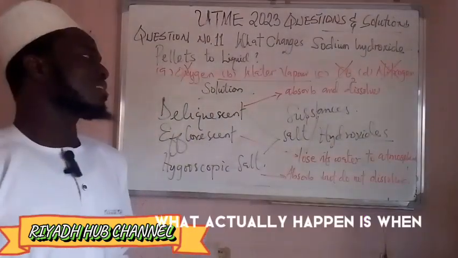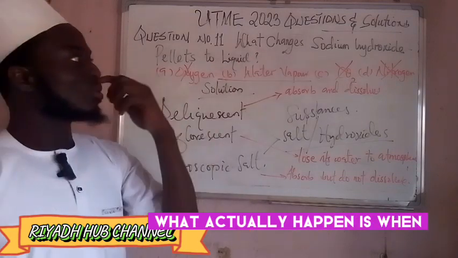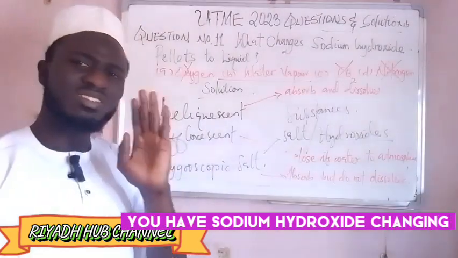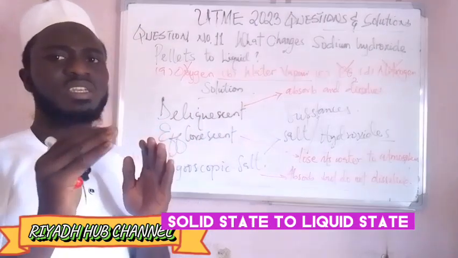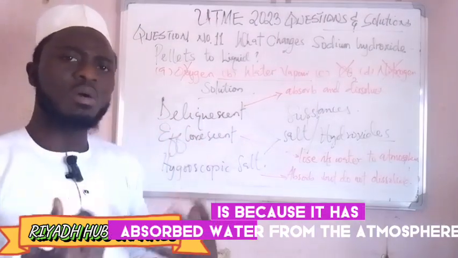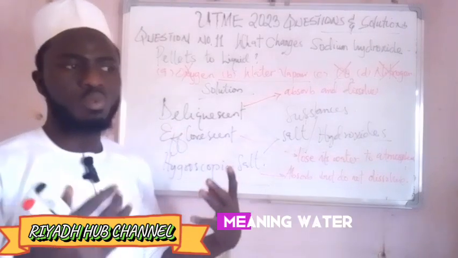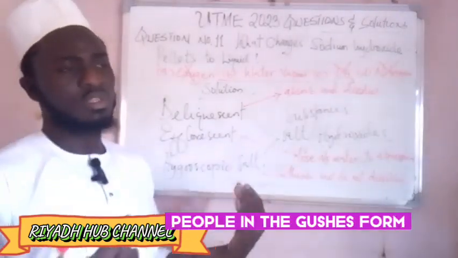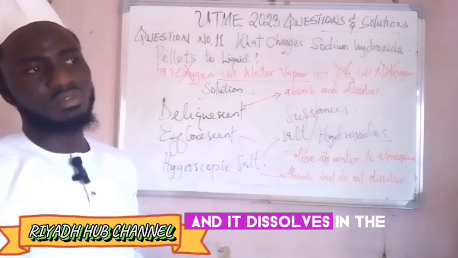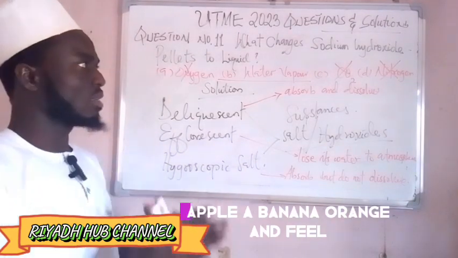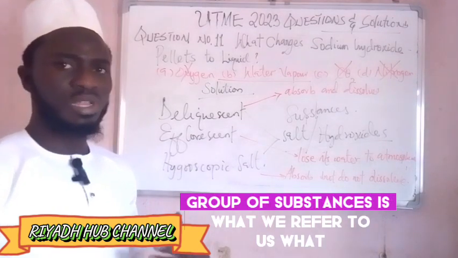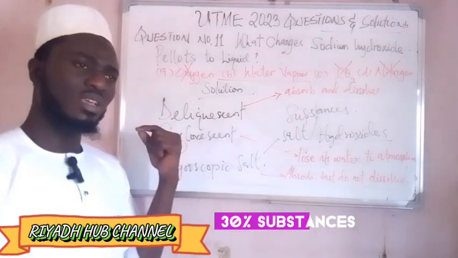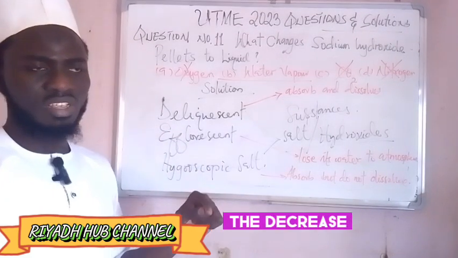What actually happens when sodium hydroxide changes directly from solid state to liquid state is that it has absorbed water vapor from the atmosphere, and it dissolves in the process. Such a group of substances is what we refer to as deliquescent substances.